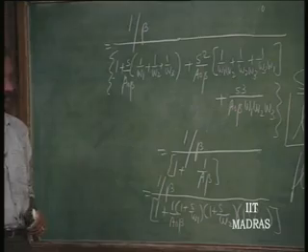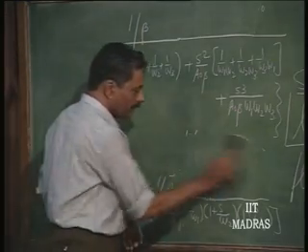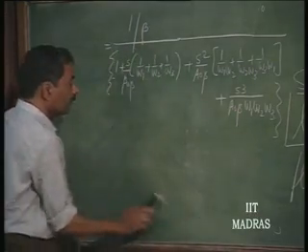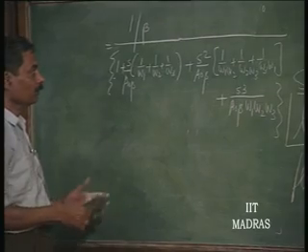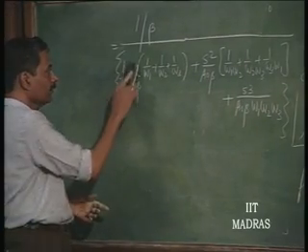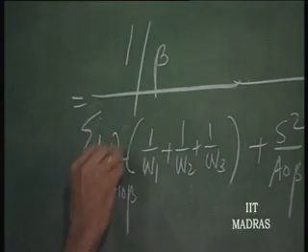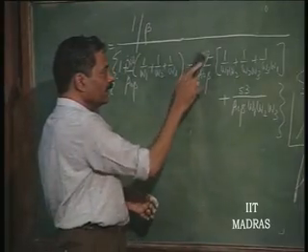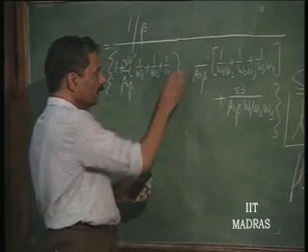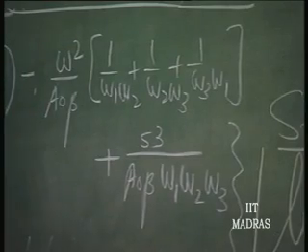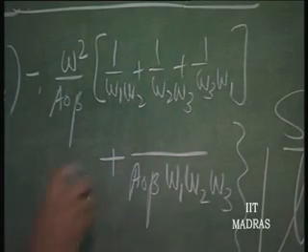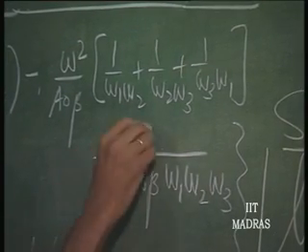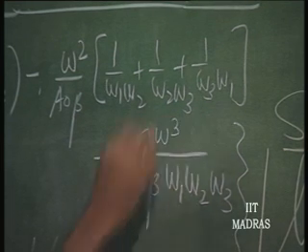What is the problem? The problem is, if you put S equal to j omega, then this becomes omega squared, and this becomes minus j omega cubed.